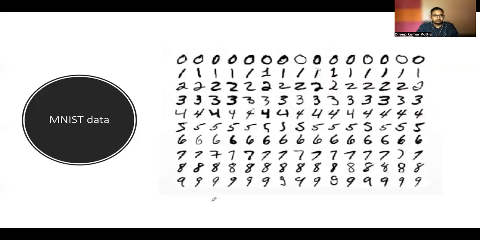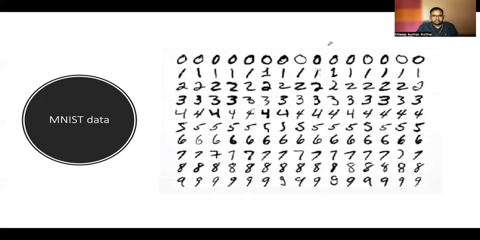So let's move on. We'll use the same MNIST data set which we used for coding the neural networks from scratch using Python. You can check out the playlist if you have time for that video. Here we'll use the same MNIST data set, where there are handwritten digits from 0 to 9, and we have to recognize whether it is 1, 2, 3, or whatever it belongs to.